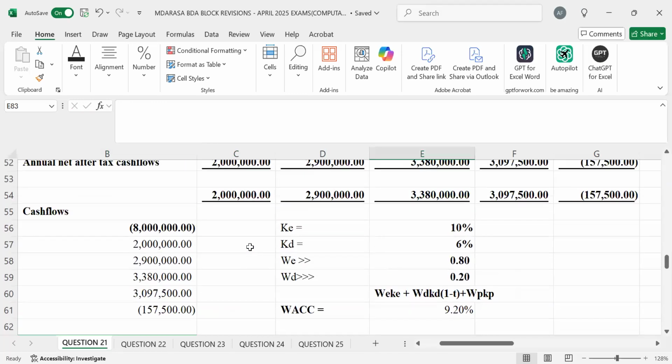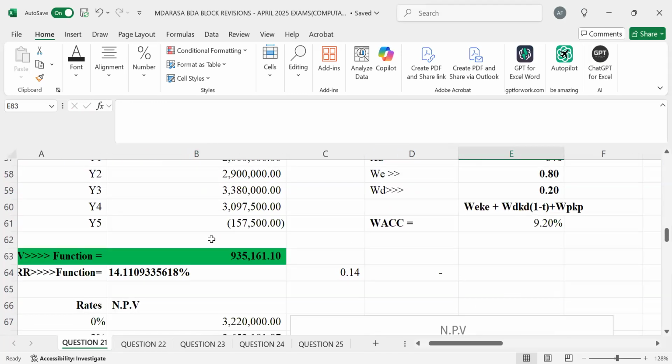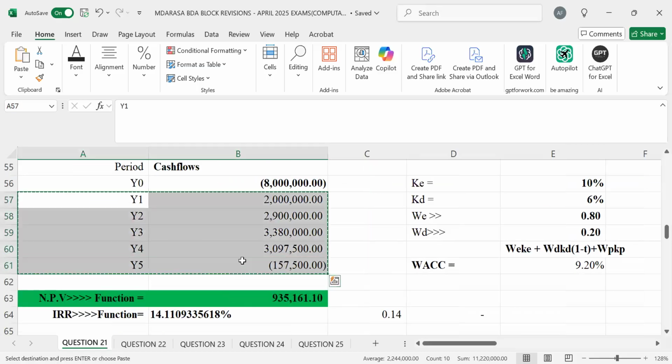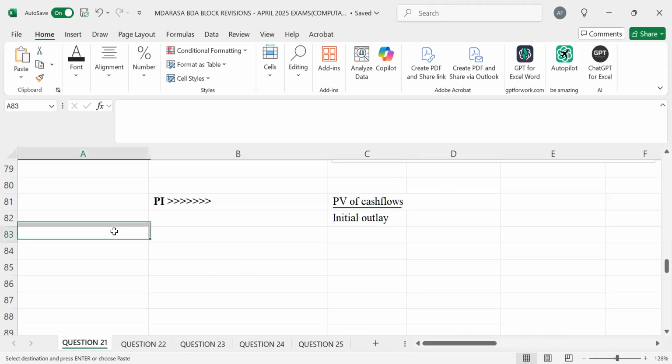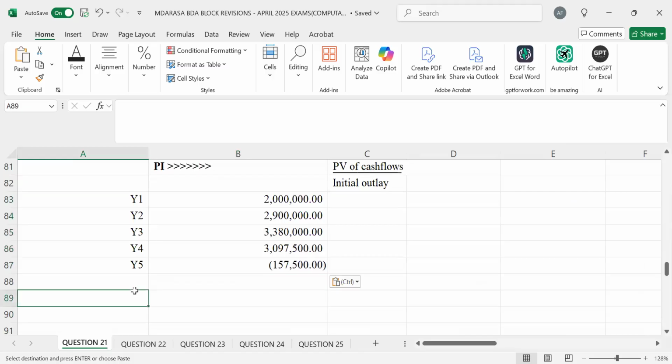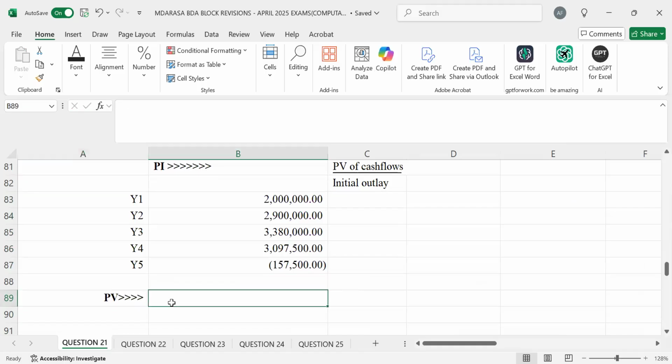So in our case, if I told you to determine the present value of cash flows, this is very easy. So we have our case. Our PV for cash flows, you simply do the NPV formula: equal sign, NPV, tab.